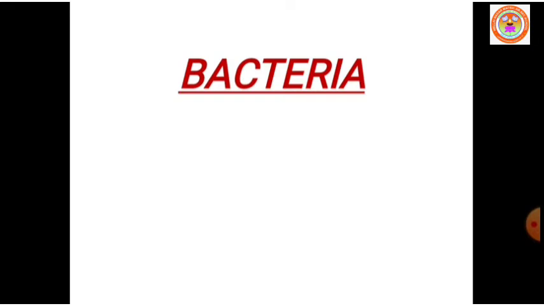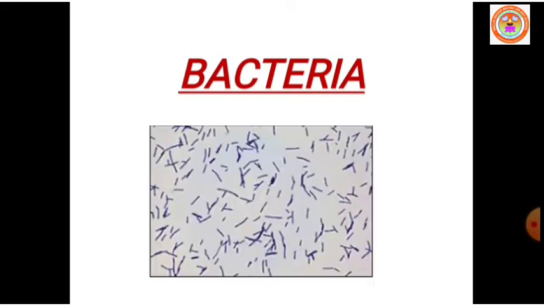In day-to-day life, bacteria play an important role. Your mother prepares curd from milk. It's a very simple process where she adds a few drops of curd to the milk. A few hours later, it becomes curd. What is the secret behind it?